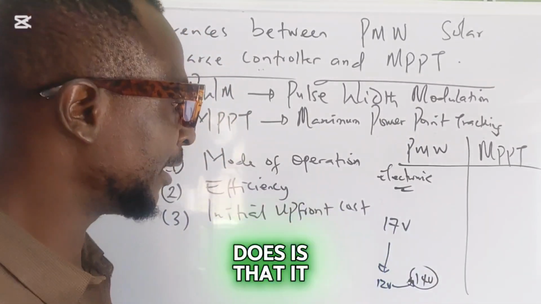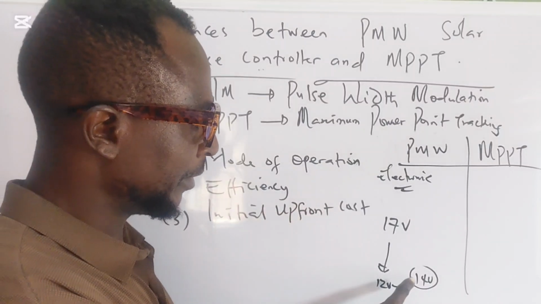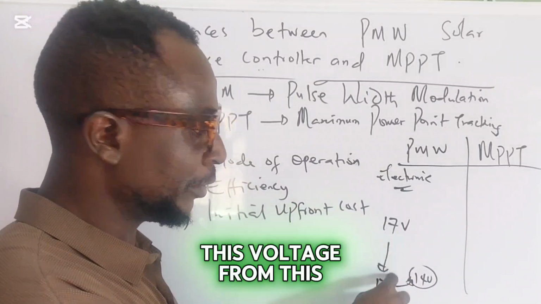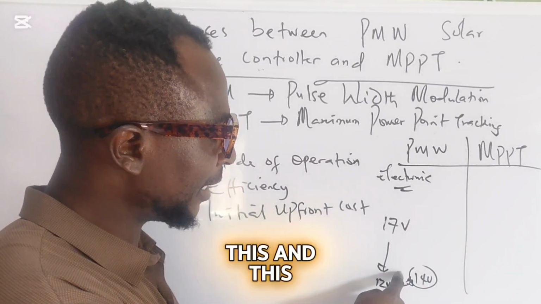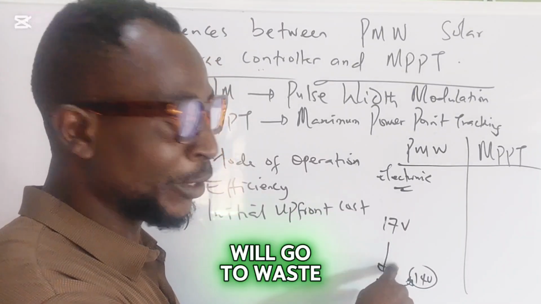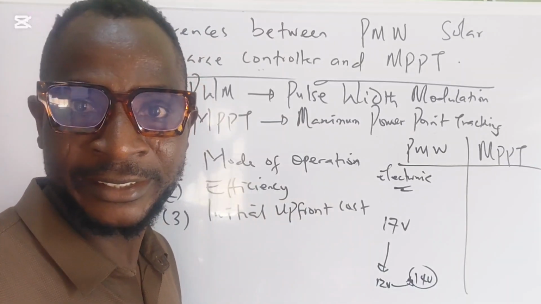What this charge controller does is that it will switch this voltage from this panel. So the difference between this and this will go to waste as heat.